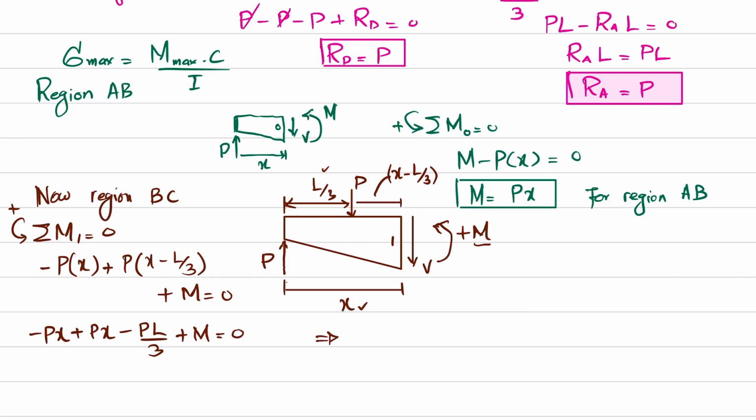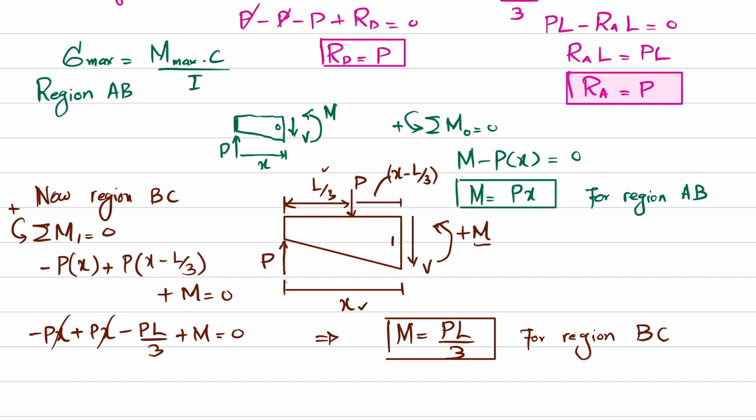From here this will cancel with this, so you will get this moment is equal to PL over 3, and this PL over 3 is for region BC. You can see that for region AB this moment is variable because as X changes, the moment will change, but this moment for region BC is constant because everything is constant, so this will be a constant value.